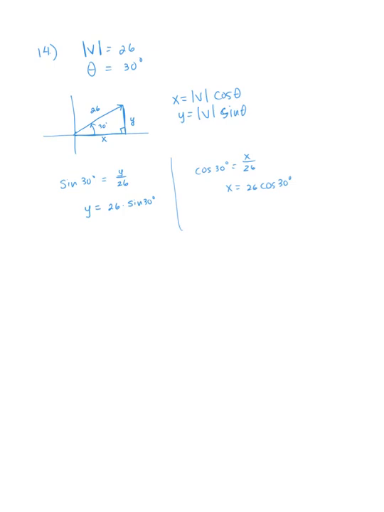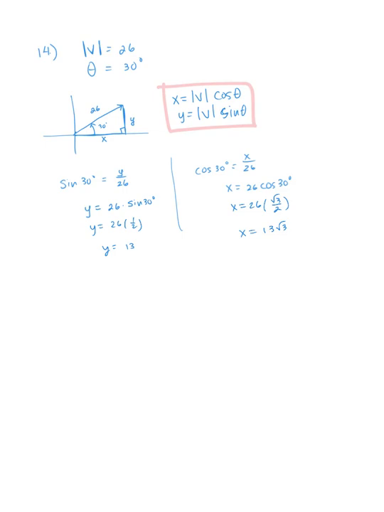All right, that was the generalization, but if we go back and finish our problem, y is 26 times the sine of 30 degrees, which is a half. So y is 13, and the cosine is square root of 3 over 2, so x would be 13 times square root of 3.